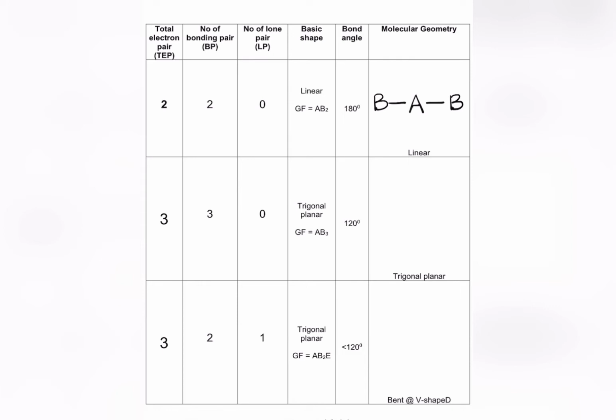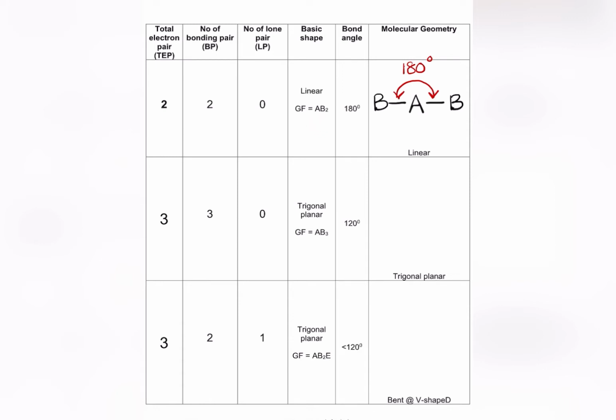And after that, don't forget to put the angle for linear. So angle hanya akan wujud antara bonding pair dengan bonding pair. So what will happen? Saya akan draw from here to there. Dan ini adalah nilai dia 180 degree. So this is the drawing that you should draw for general formula AB2.